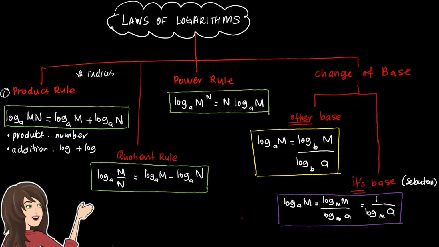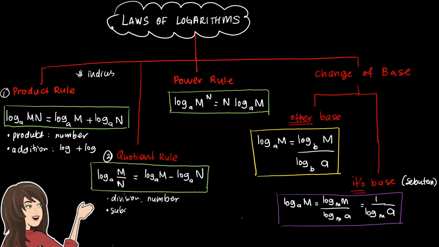Okay, next we go to the number 2 rule. Sorry, not number 2. Number 2 is our quotient rule. Alright, quotient rule, you have the form of log that the division is your number or sebutan log, and then you can change it into subtraction of log.